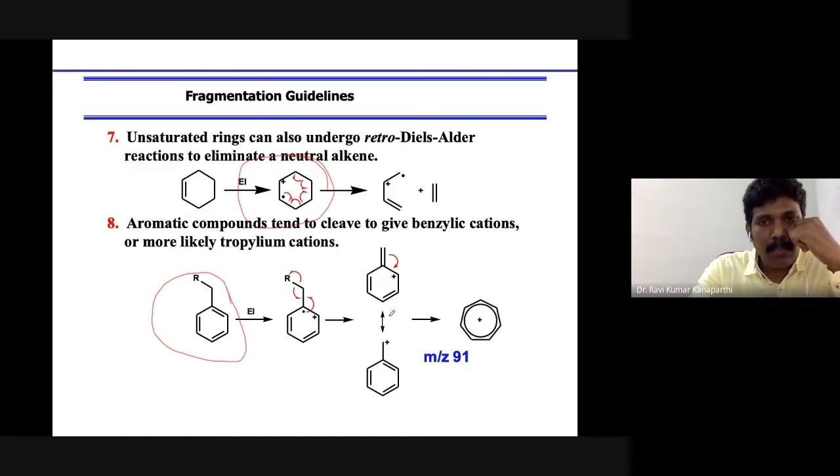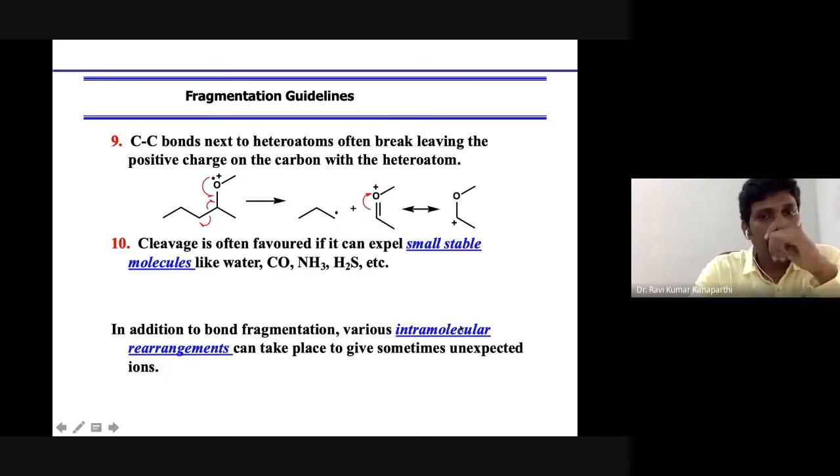It can undergo this type of resonance structure, which ultimately gives you what is called a tropylium cation, which is highly stable aromatic thing because of the aromaticity, right? So that is the most favorable fragmentation pattern with regard to alkyl substituted benzenes.